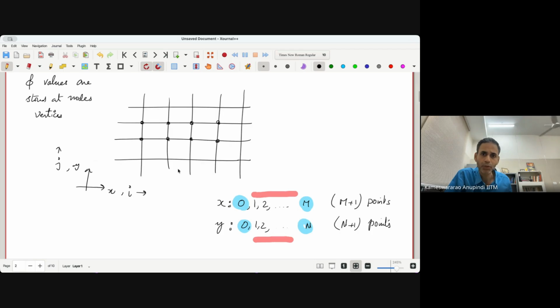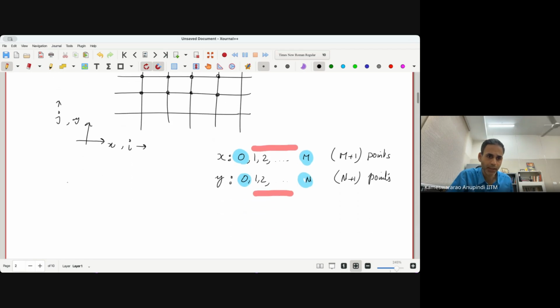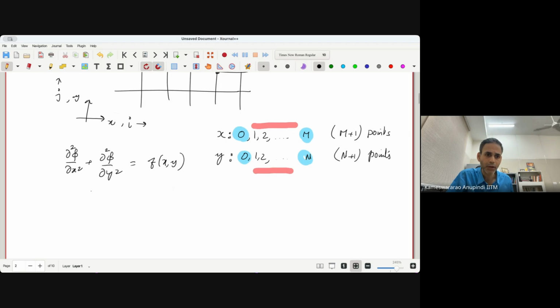Then we are going to write down our equation. The Poisson equation is partial square phi by partial x square plus partial square phi by partial y square equals f of x comma y. We already know that we can discretize this using our finite difference method. We can approximate the second derivative using the second order central difference scheme.